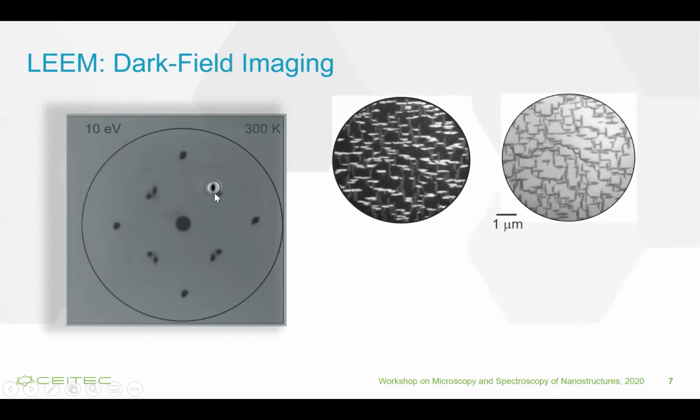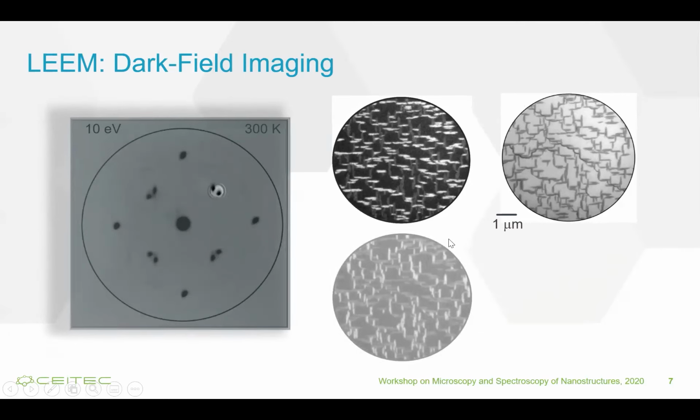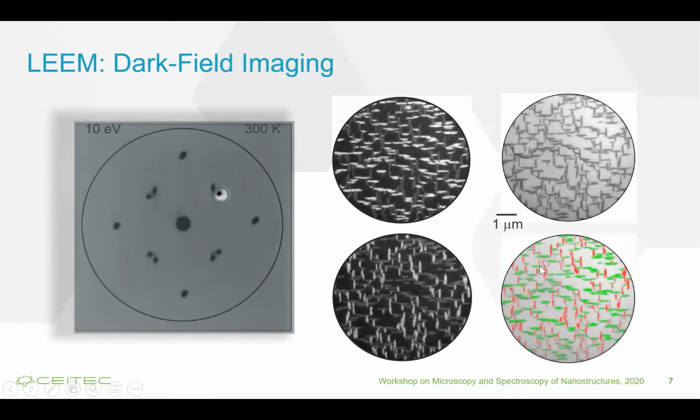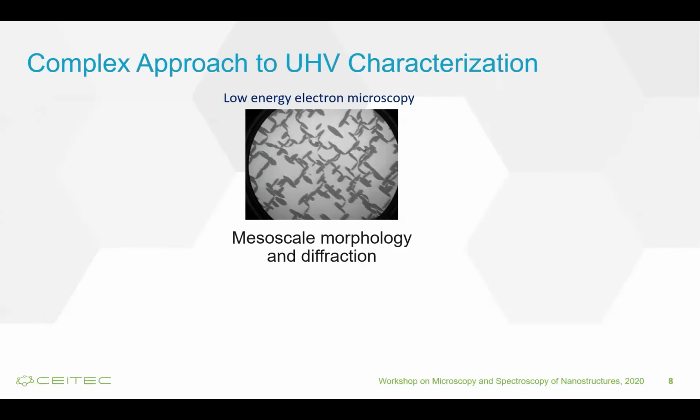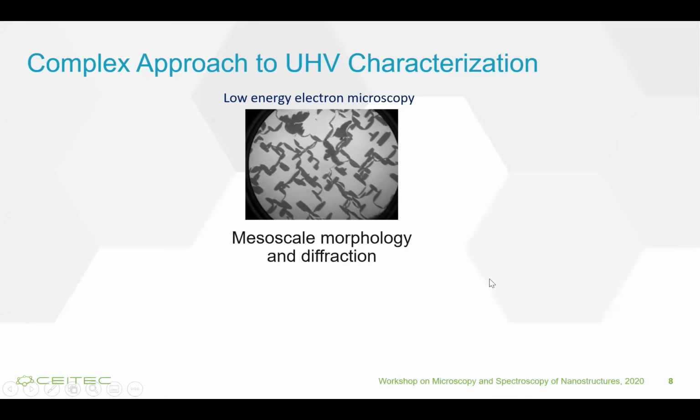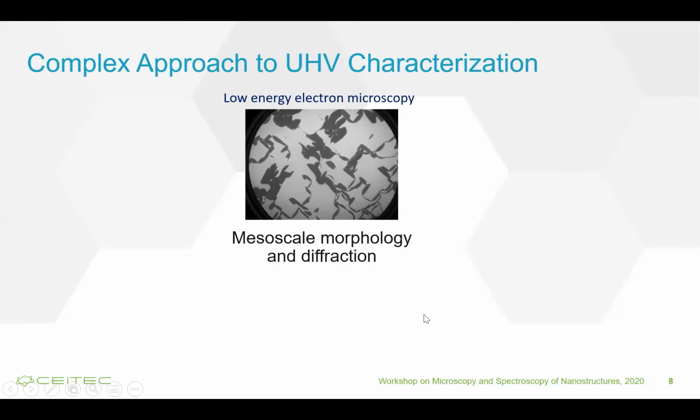If we put the aperture here for this diffraction spot, we see mainly one of the orientations of islands. Then the second diffraction spot shows the second orientation of islands. Then if we color code, we can distinguish islands according to their orientation. The nice thing is that we can do real-time imaging, so we can see what's happening on the surfaces.